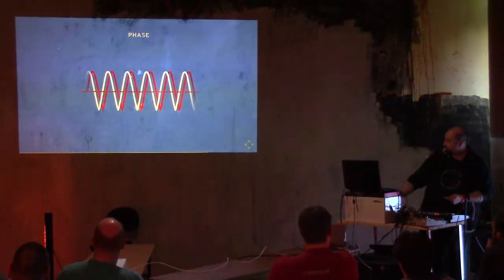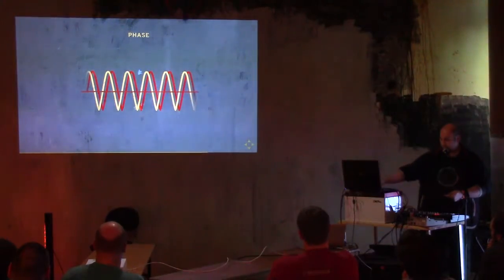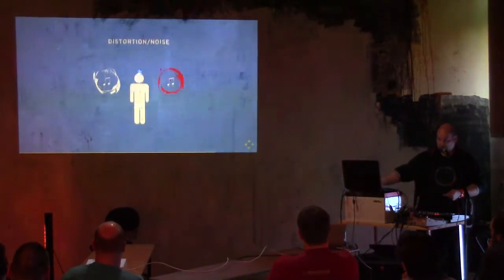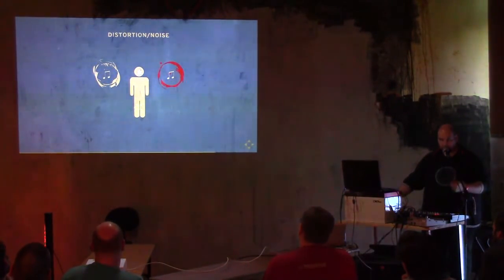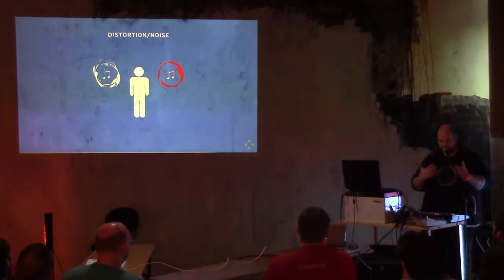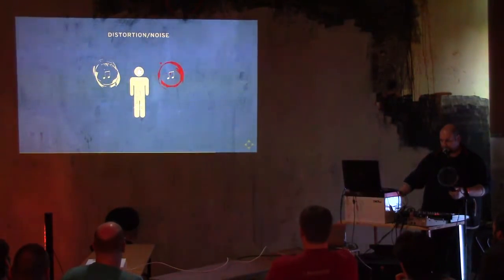The next thing we can do is distortion and noise. If you have a distortion or any other kind of noise and it's different on the left channel than on the right, that's going to widen the stereo field, and that's going to make stuff sound fatter again. Let me see if I can find my example for that.